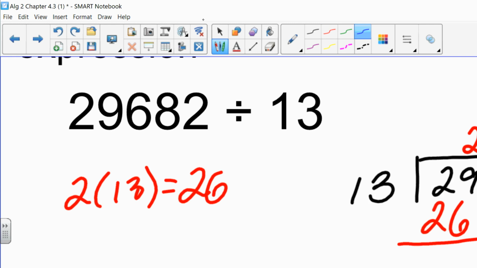And then what did we do next? We would subtract. And 29 minus 26 is 3. Then our next step is to bring down the 6.